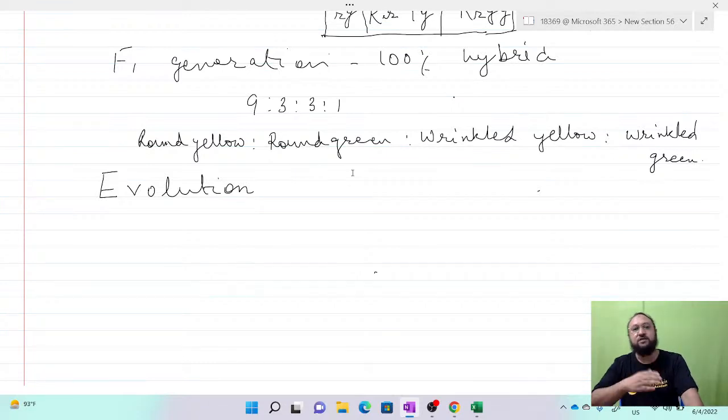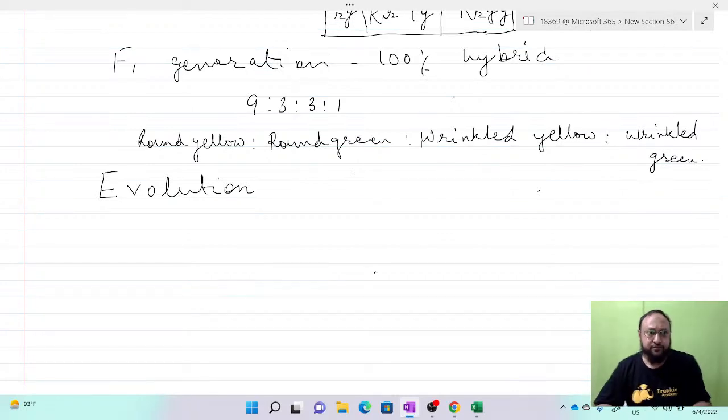That may lead to some kind of variation, and these variations lead to evolution. So ultimately, when we speak of evolution, we actually speak of genetic characteristics, because these form the basis of evolution, the characteristics that are inherited and passed from one generation to another.